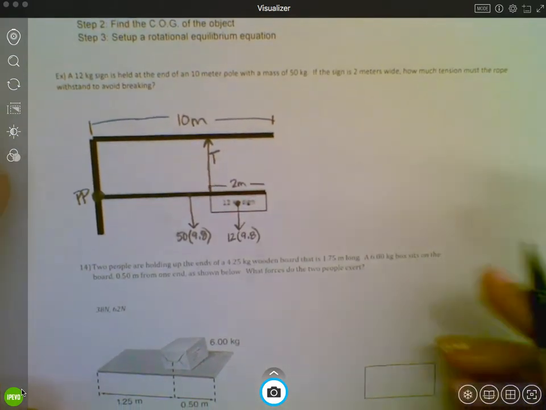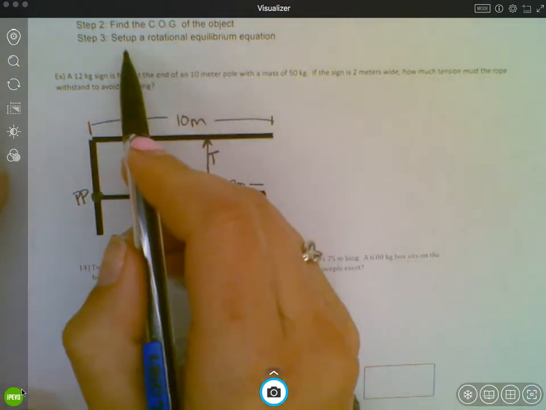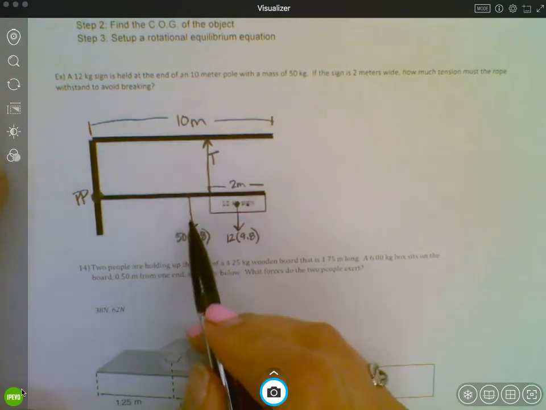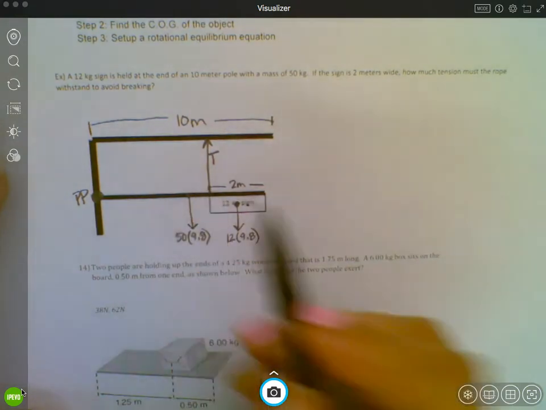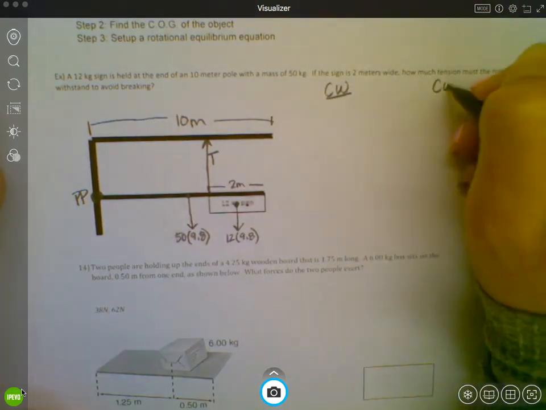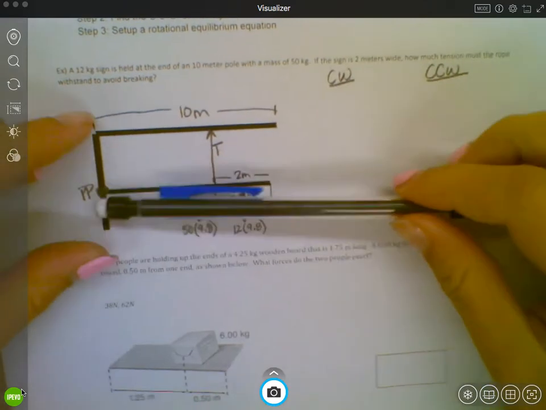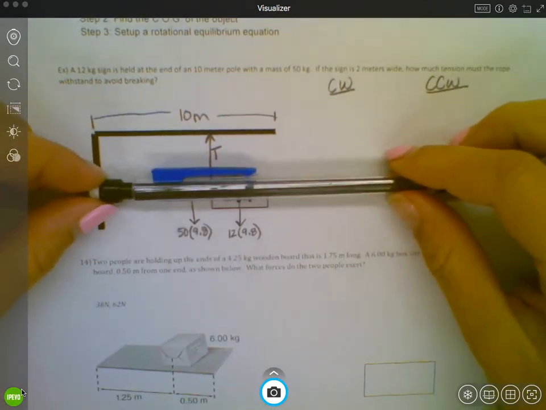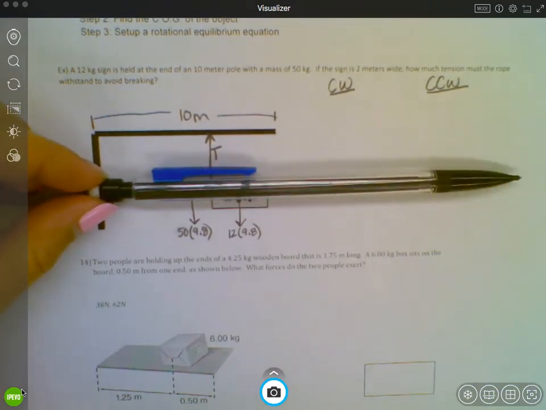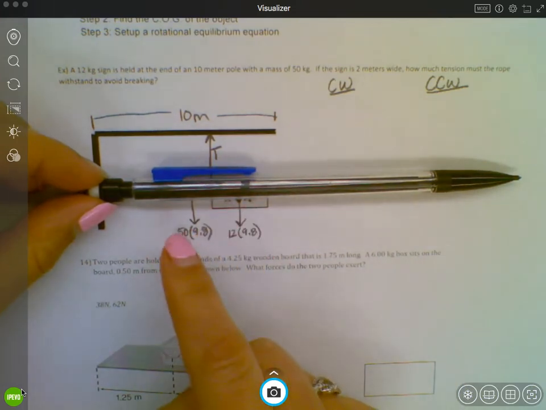Now, we found the pivot point. We found the center of gravity of the objects. Now let's figure out which of these forces, 1, 2, 3, are clockwise and which are counterclockwise. So we'll just make little lists. Here's how you do it. You hold on to the pencil at the pivot point, and then one force at a time, you use the other finger to pretend that you're that force.